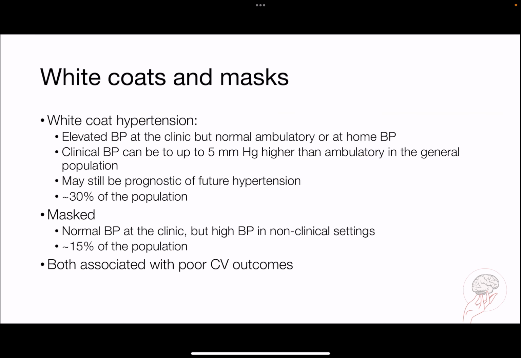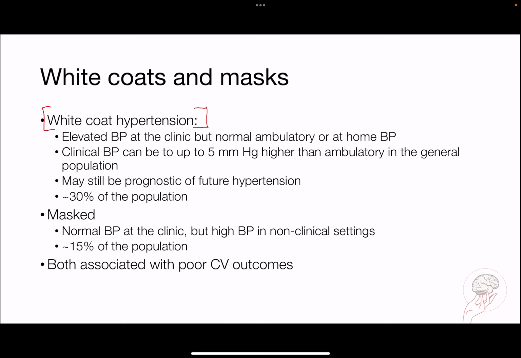But one of the problems with blood pressure is that when people are nervous, it changes their blood pressure. Often people are nervous at the doctor's office, and that will cause their blood pressure to go up. This is what we know as white coat hypertension. White coat hypertension is when blood pressure is elevated at the clinic, but normal when it's ambulatory or at home.